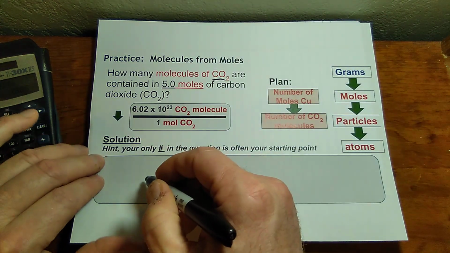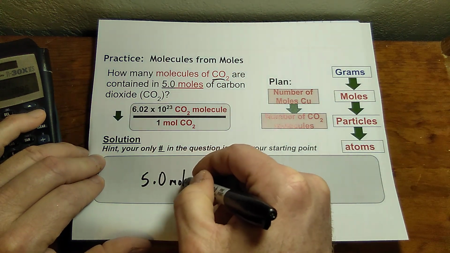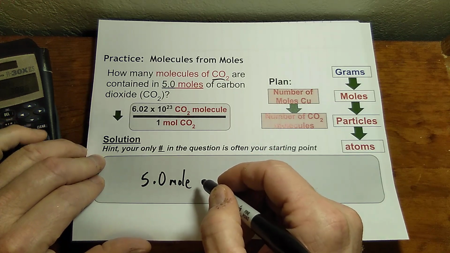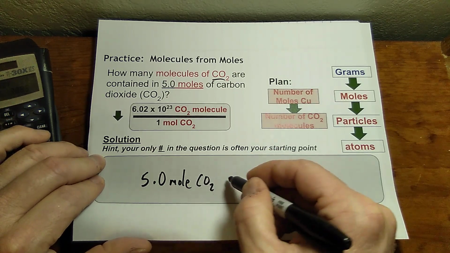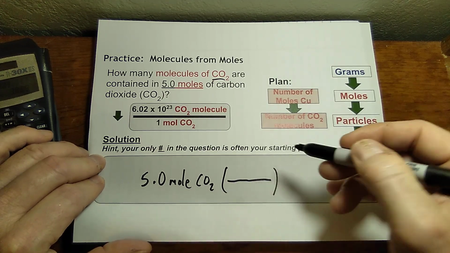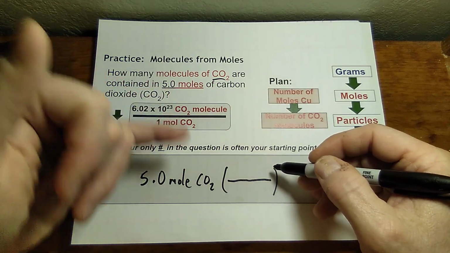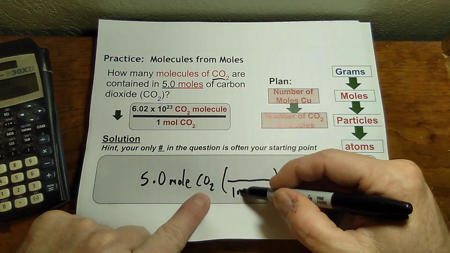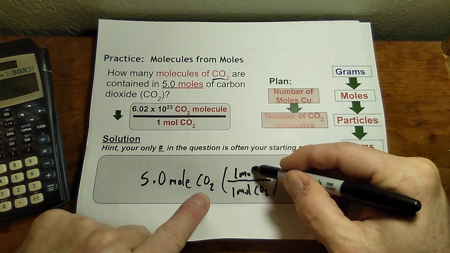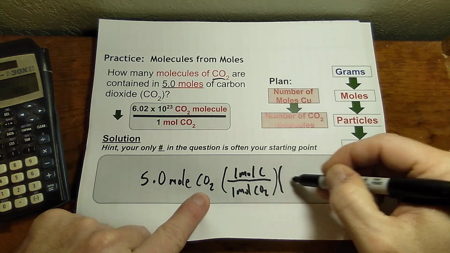So if we had 5.0 moles of carbon dioxide as our starting point, to find the number of molecules, I would say first, the number of atoms of carbon in CO2. For every 1 mole of CO2, I have 1 mole of carbon. And everybody, I hope, would agree with that.